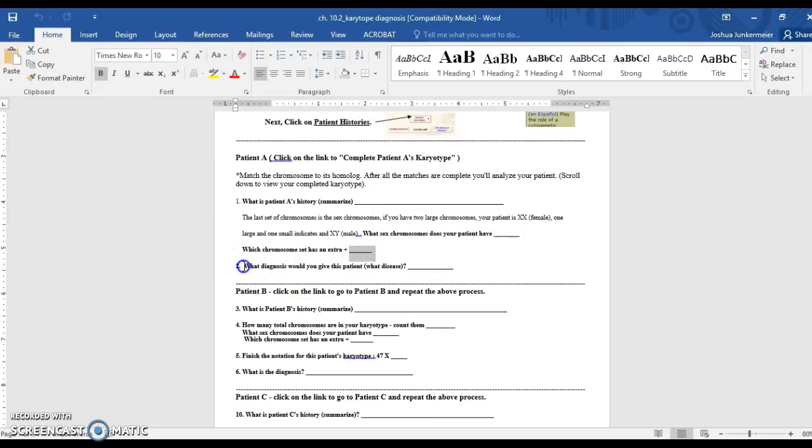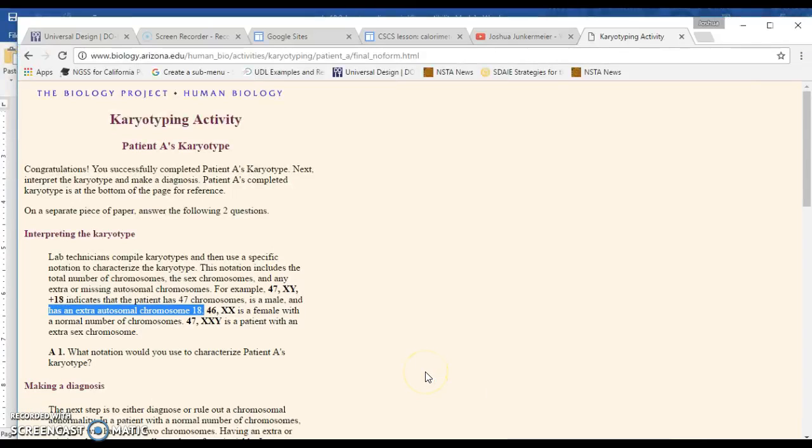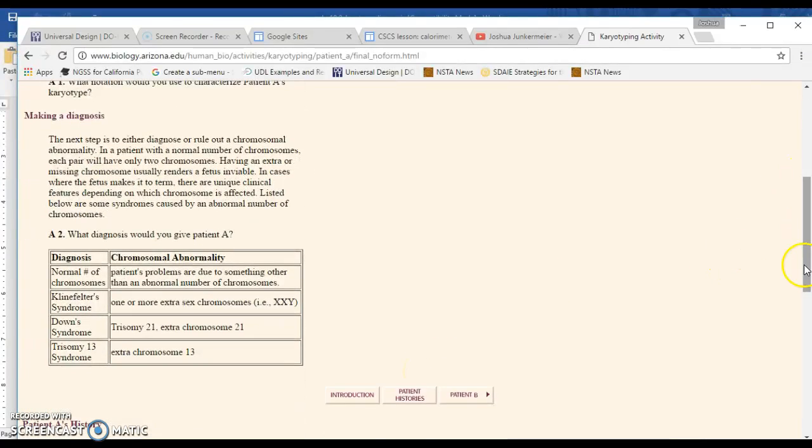And it says, what diagnosis would you give this patient? What's the disease? Let's see if we can find that from the website. All right, it says making a diagnosis. The next step is to figure out what disease they have based on having an extra copy of 18.